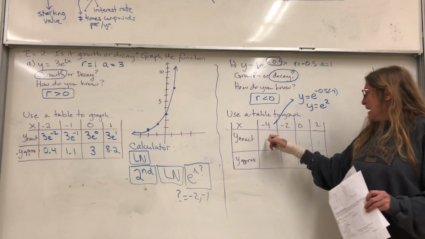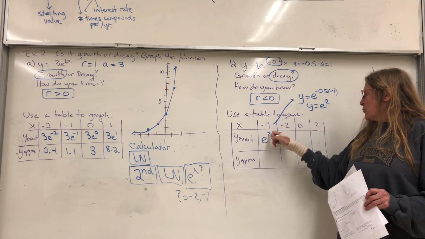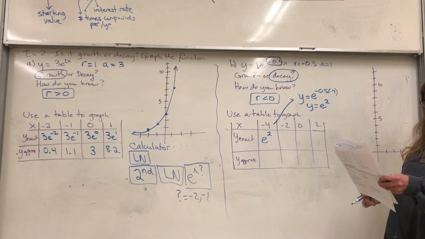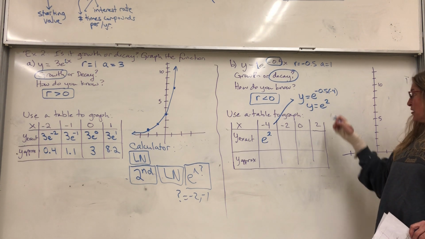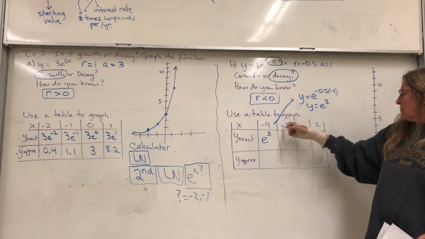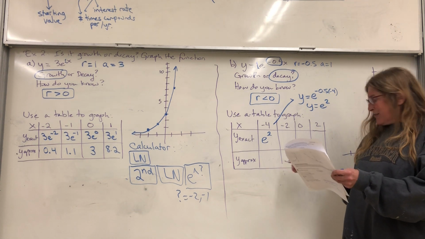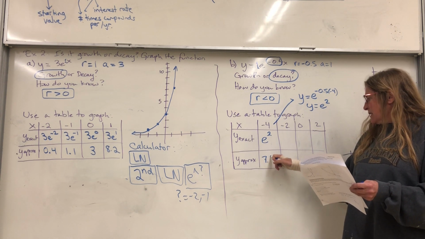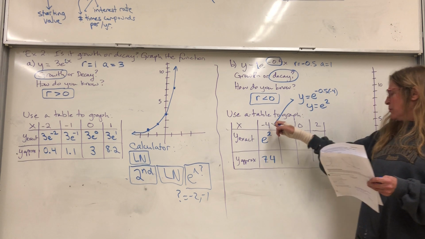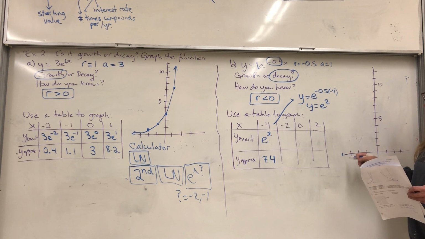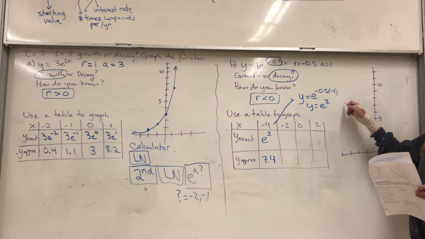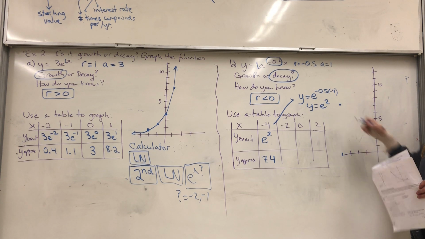So my exact y value is going to be e squared on this one. So all I'm doing is making x these values. e squared, if you do that in your calculator, you get approximately 7.4. So that means the point negative 4, 7.4 is on my graph, right about there.